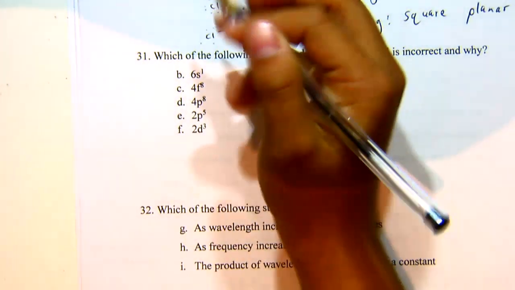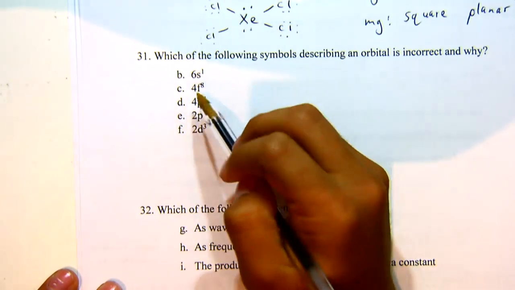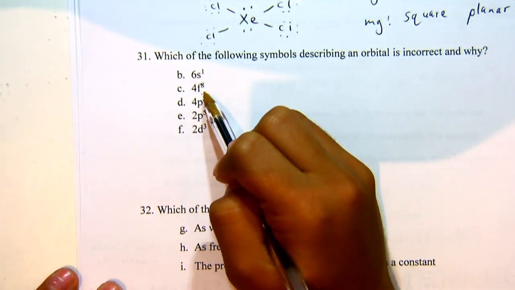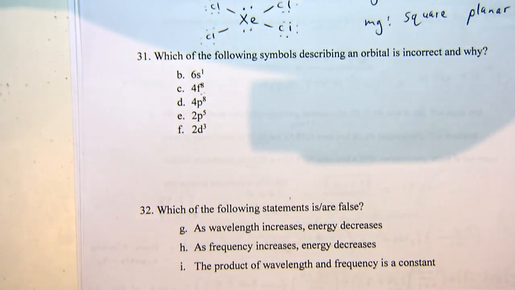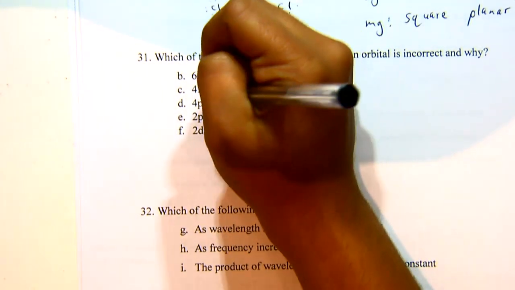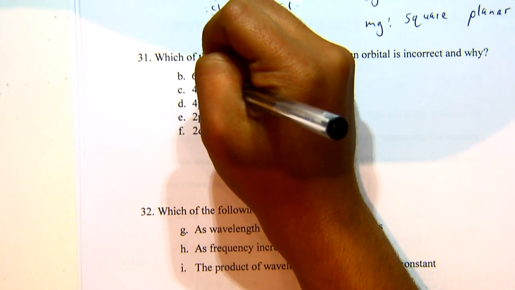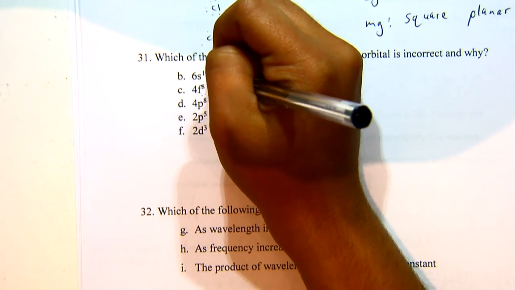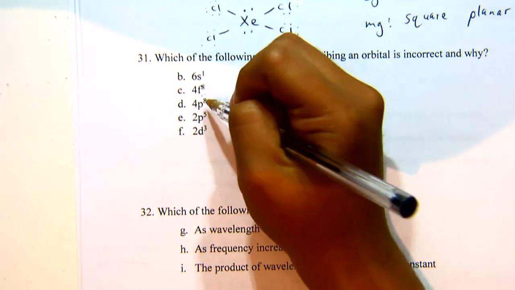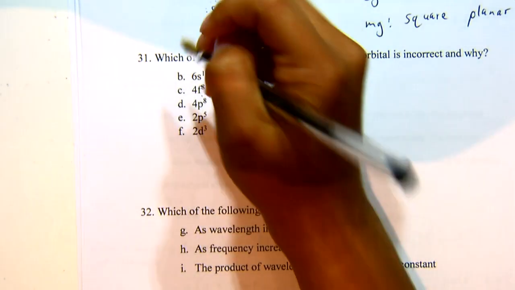Okay. Well, can 4s to the 8th exist? Yeah, great. So what about 6s1? I completely skipped over that, but that can exist as well, right? Now, what about 4p8? No, great.